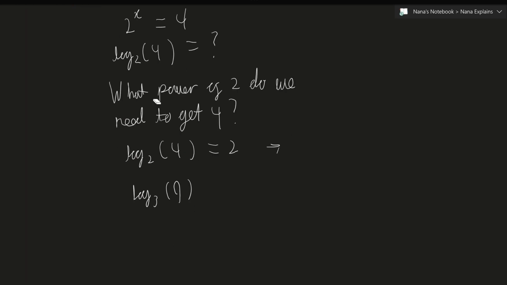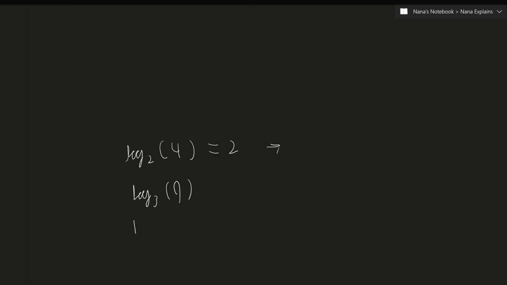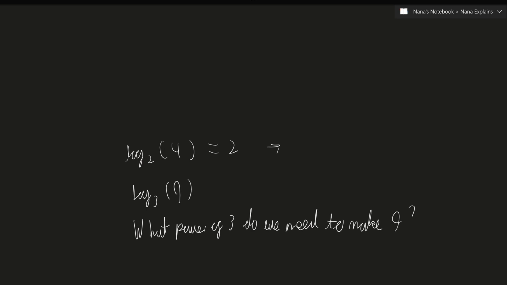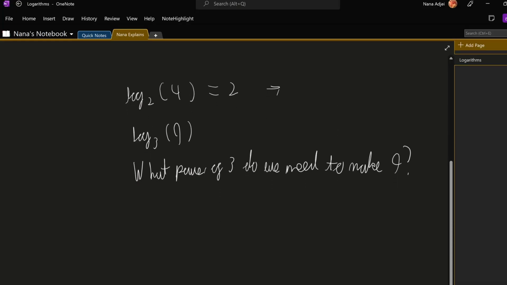The question that we're asking here is what power of 3 do we need to make 9? And the answer to that is also 2, since 3 squared is equal to 9. So that's all logarithms are, really. You're just seeing what power of a base you need to make a number.